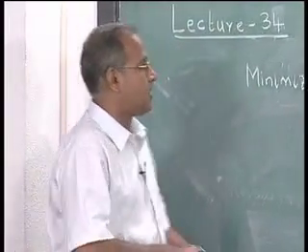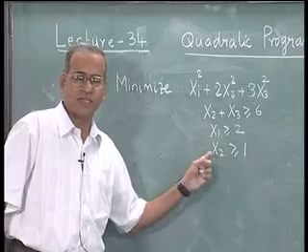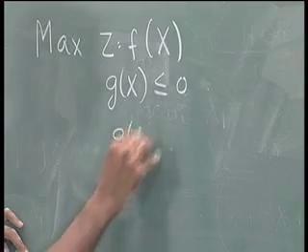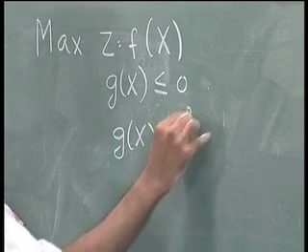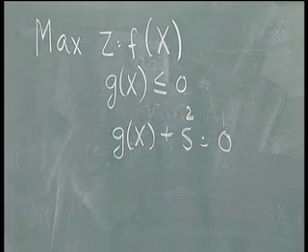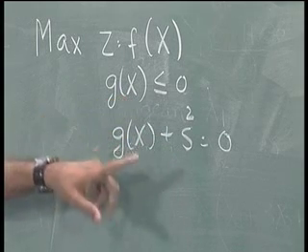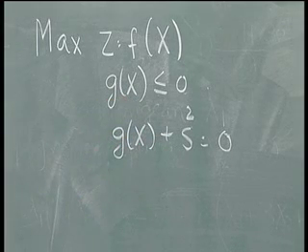In nonlinear programming, we do not have this explicit restriction. So, what we normally do is convert this as g of x plus s square equal to 0, where we introduce a variable s associated with every constraint, and that s can be negative or positive.